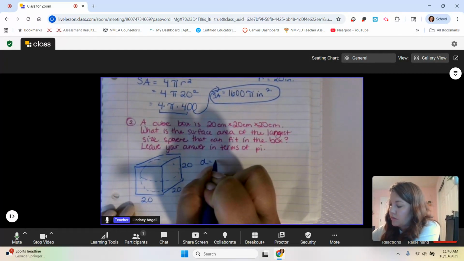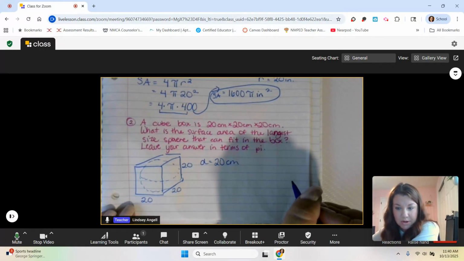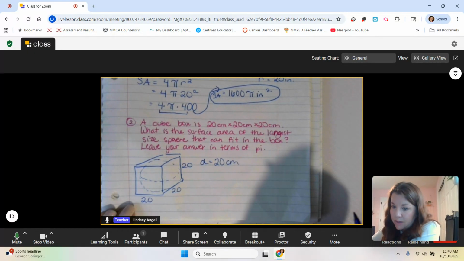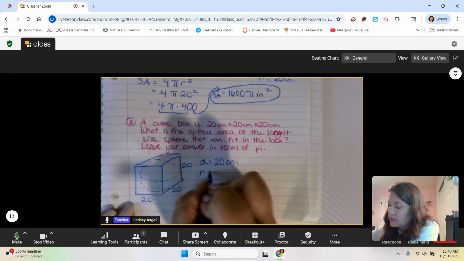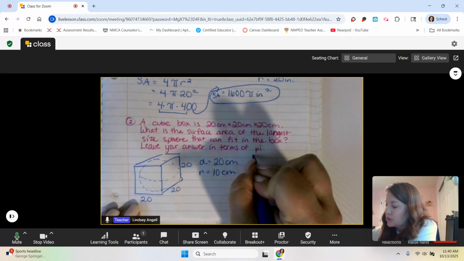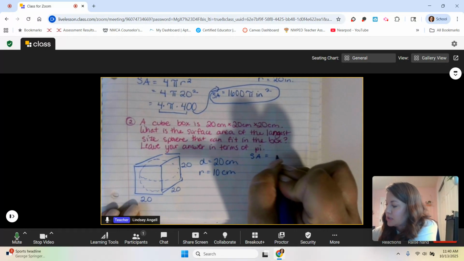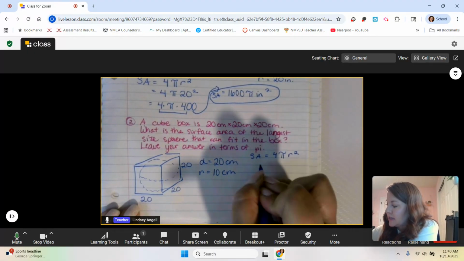So that would give me 20 centimeters for my diameter. But according to my formula, I only need the radius. So if my diameter is 20, that means my radius is 10. And then we can just use that same formula.